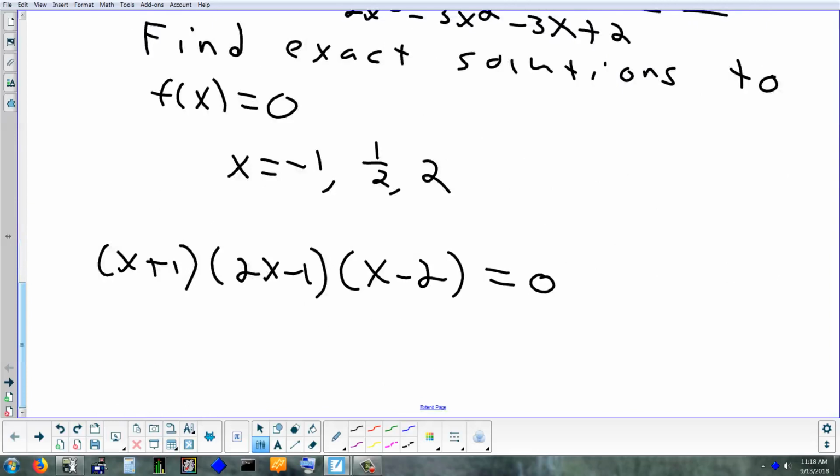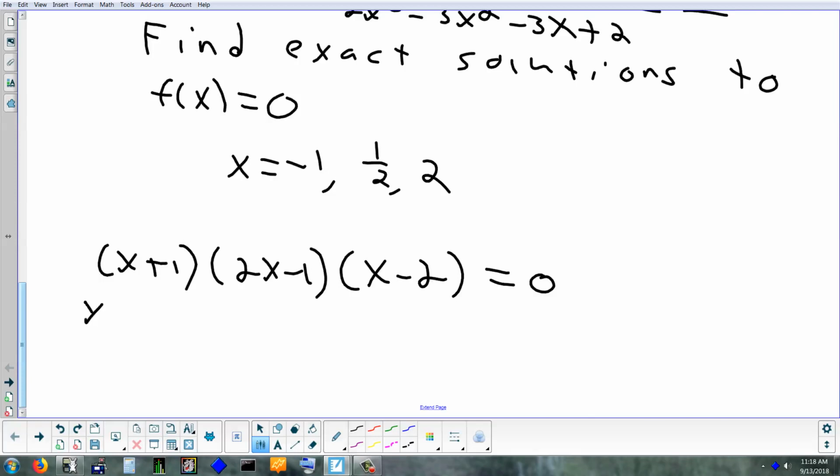But looking at this, how can you multiply three things together and get 0? What has to happen if you multiply three things together and get 0? What would have to be part of the calculation? 0 would have to be in there somewhere.